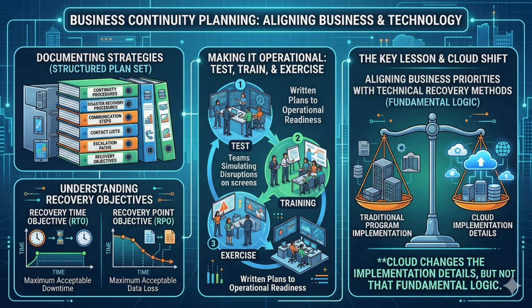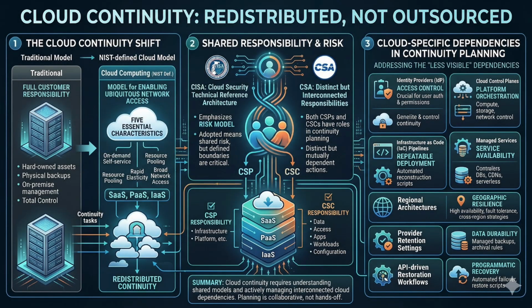Traditional programs also rely on test, training, and exercise activities, so the plan is not just written, but operational. The important lesson is that continuity planning has always been about aligning business priorities with technical recovery methods. Cloud changes the implementation details, but not that fundamental logic. When organizations move to the cloud, they do not outsource continuity. They redistribute it.